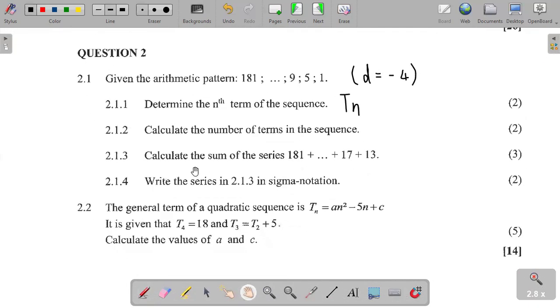They say calculate the sum of the series 181 plus, and then other numbers, plus 17 plus 13. Okay, so we can see that the difference here is still a 4, isn't it?